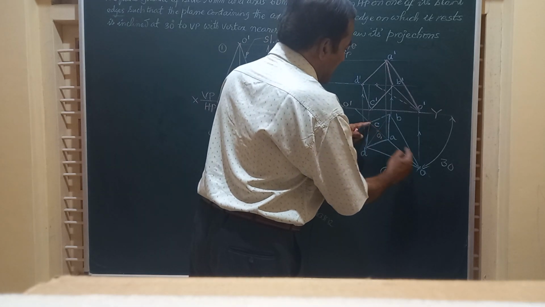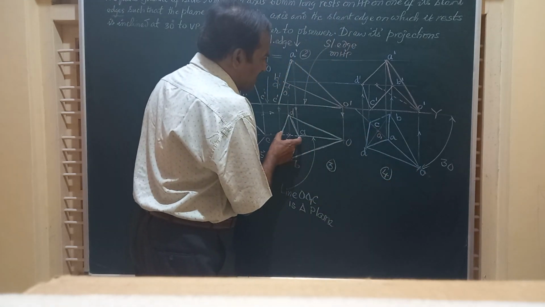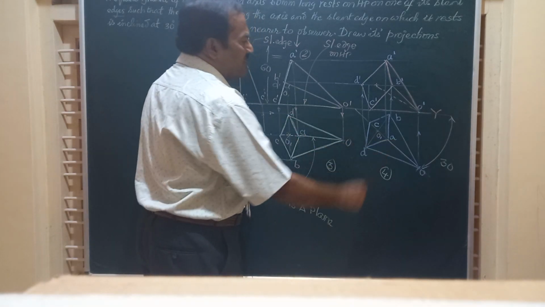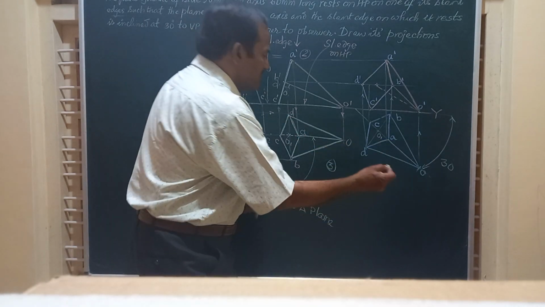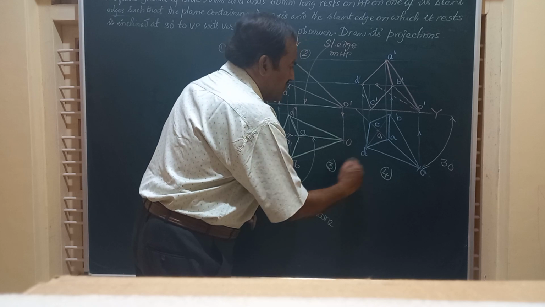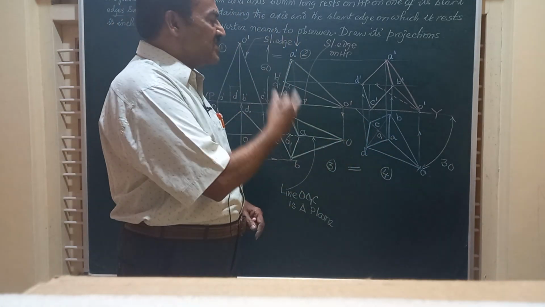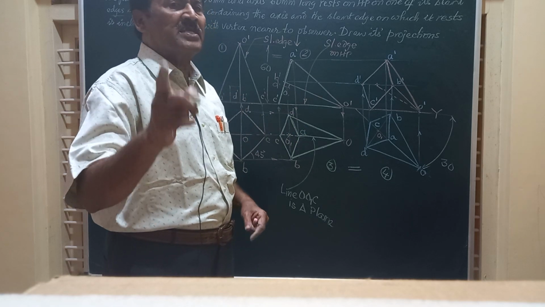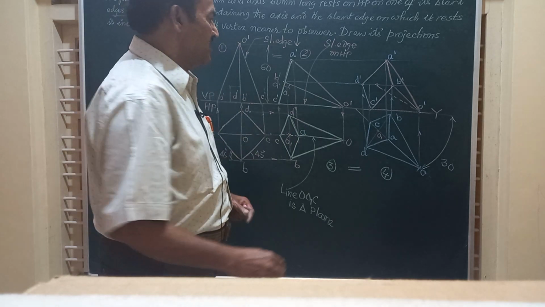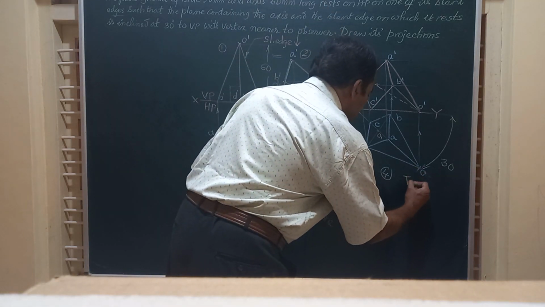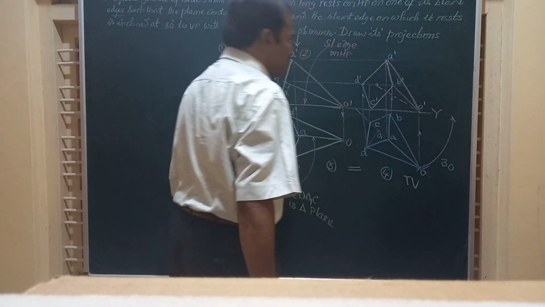Mark a point here and then O. You know this distance, mark on that. Taking these radii, you can complete that figure. And friends, remember, figure number 3 and figure number 4 are exactly identical, and this condition holds good even in case of planes.